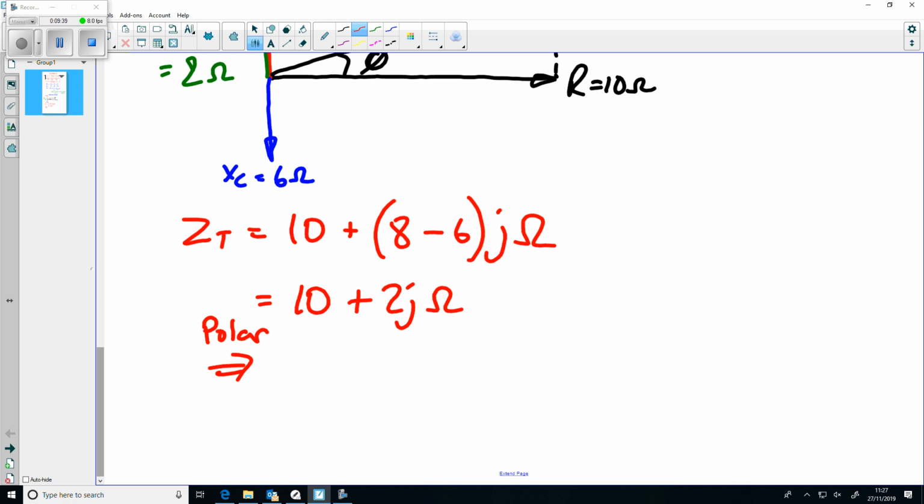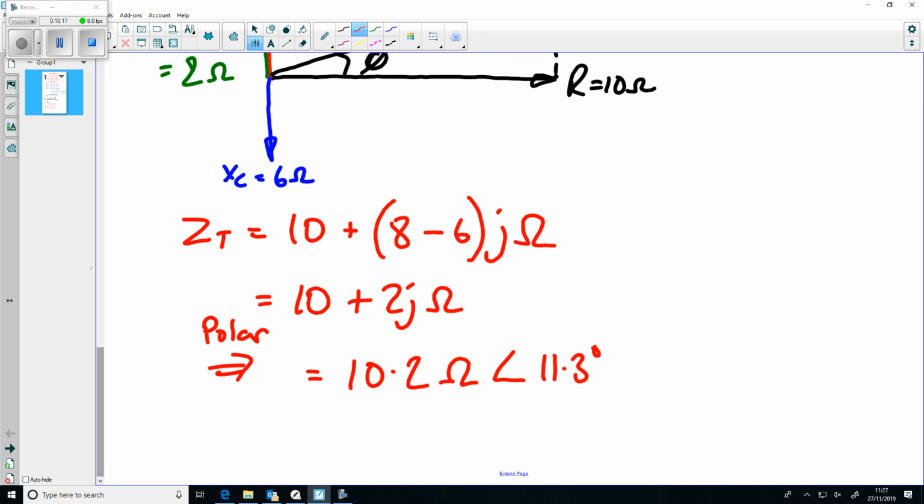That gives 10.19, so 10.2 ohms, at 11.31 degrees, so 11.3.